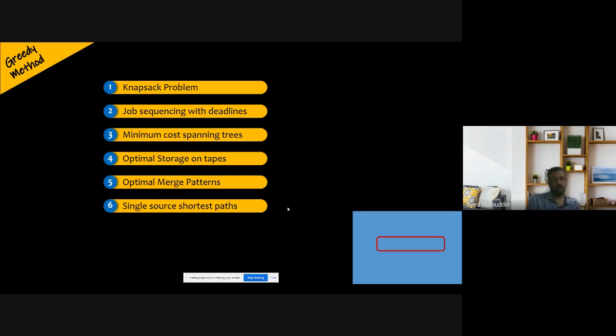Now, among these problems that can be solved, we only have knapsack, job sequencing with deadline, minimum cost spanning tree, and single source shortest path in your syllabus. Optimal storage on tapes and optimal merge pattern are not mentioned in your syllabus. So we will be looking at these problems, that is knapsack, job sequencing with deadlines, minimum cost spanning tree, as well as single source shortest path.